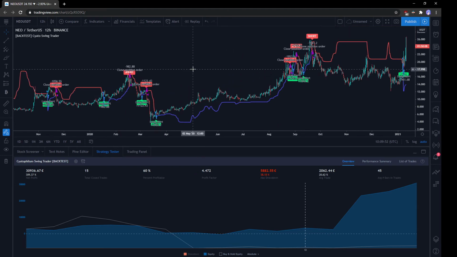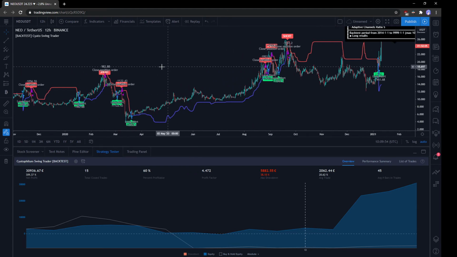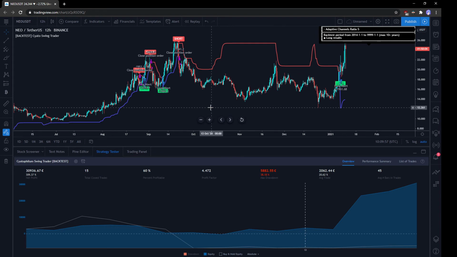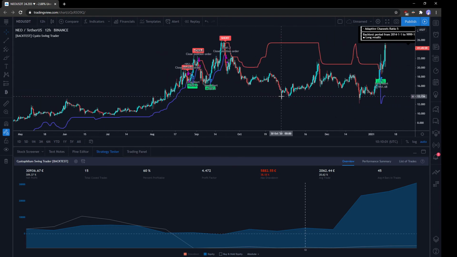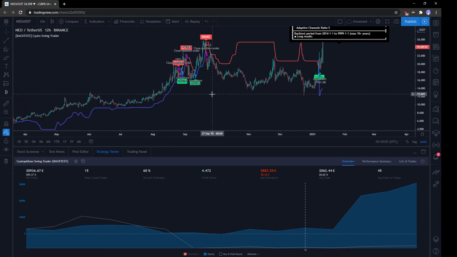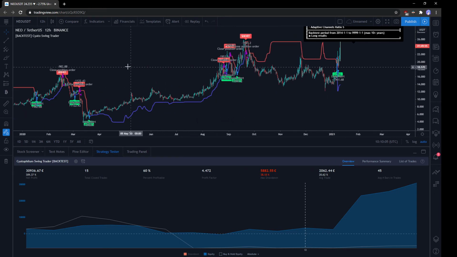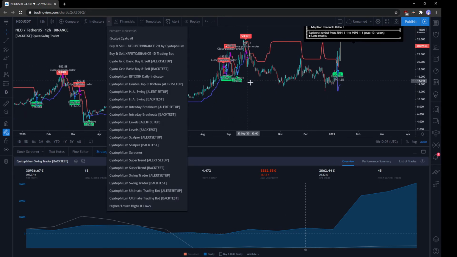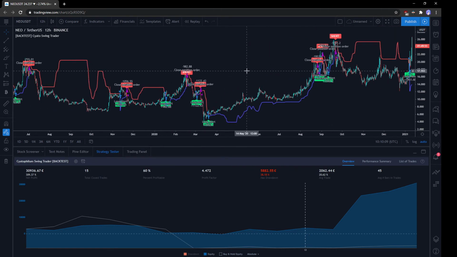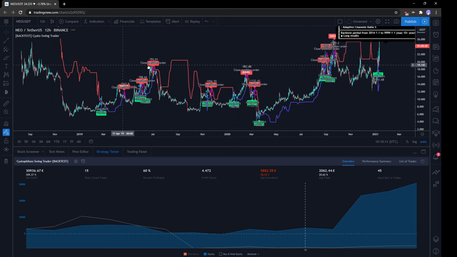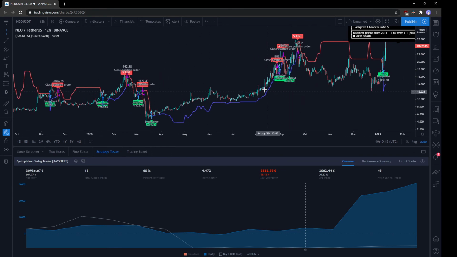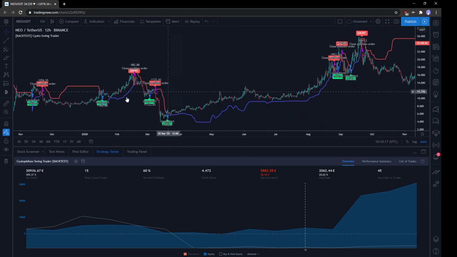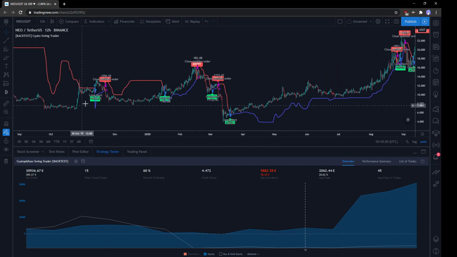So the idea is just to create a buy and sell bot, to save time, not have to look at the chart all the time. So this kind of pair is not easy to trade because it's hard to predict.